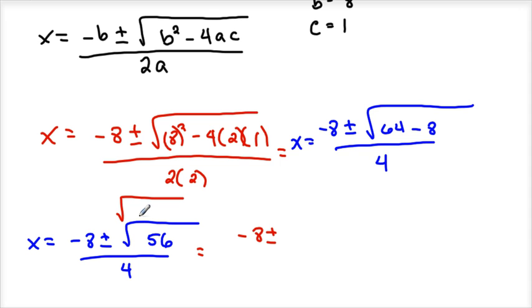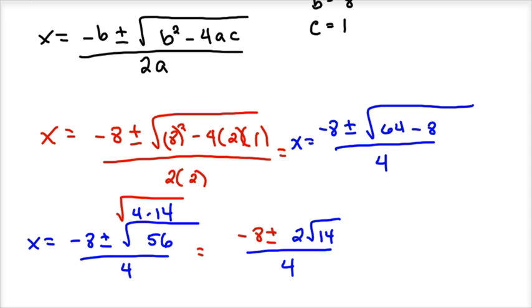You break it up into 4 times 14. Good. Next year that'll be even more. So 4 times 14 simplifies to 2 radical 14 over 4.